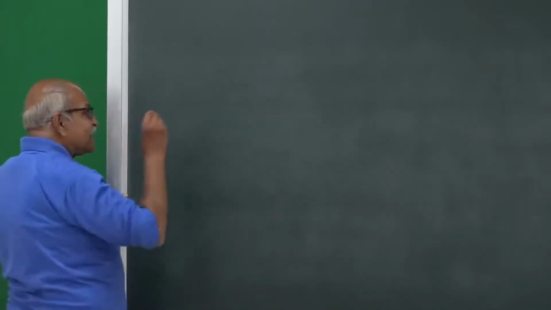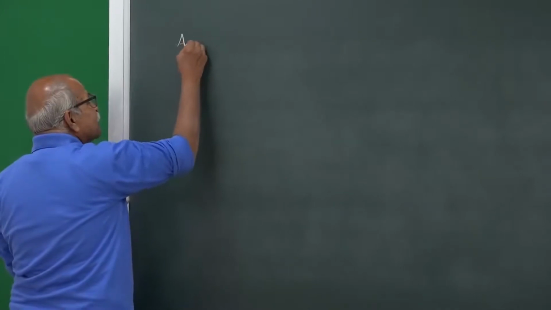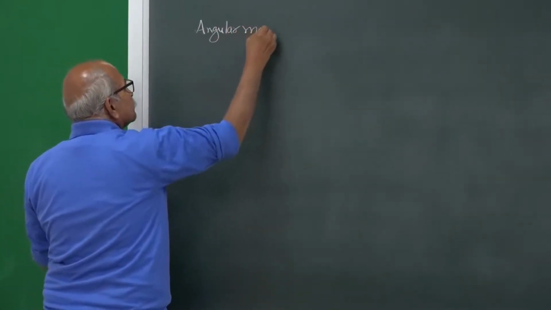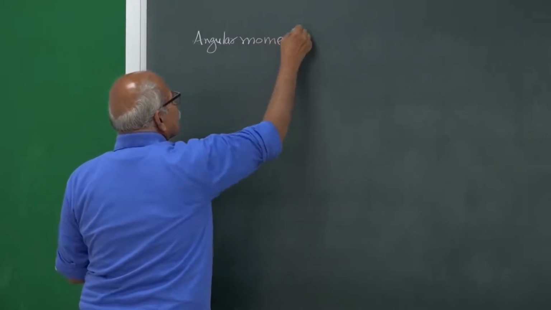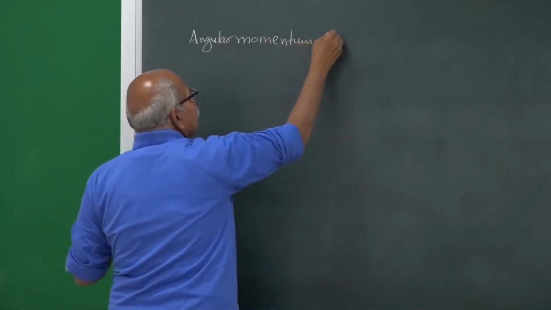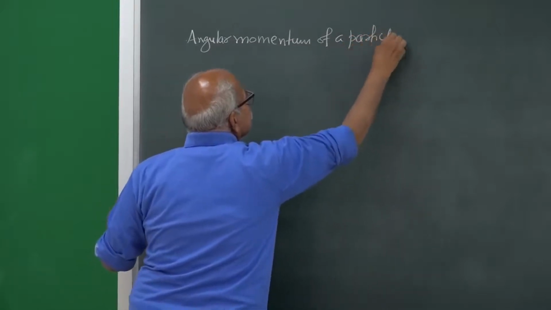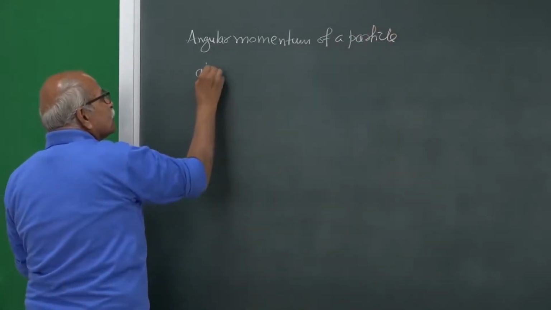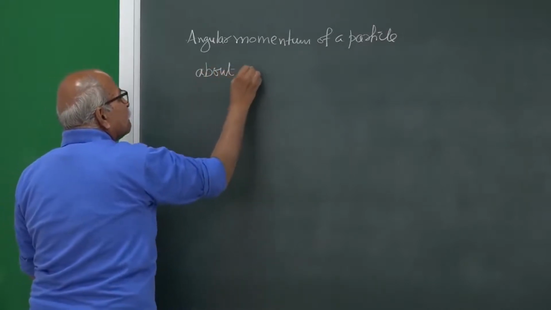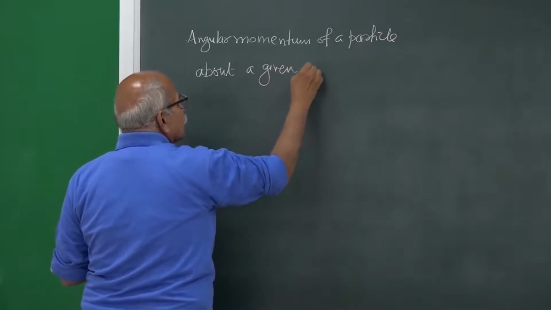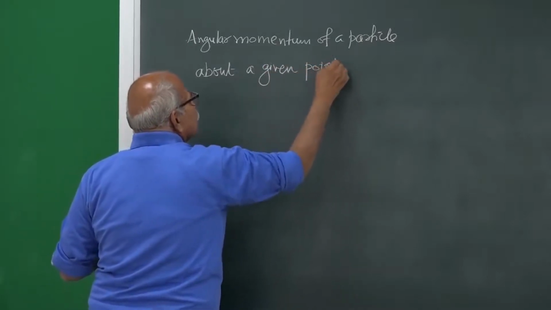The first thing is this: the angular momentum of a particle about a given point, which I will call the origin.